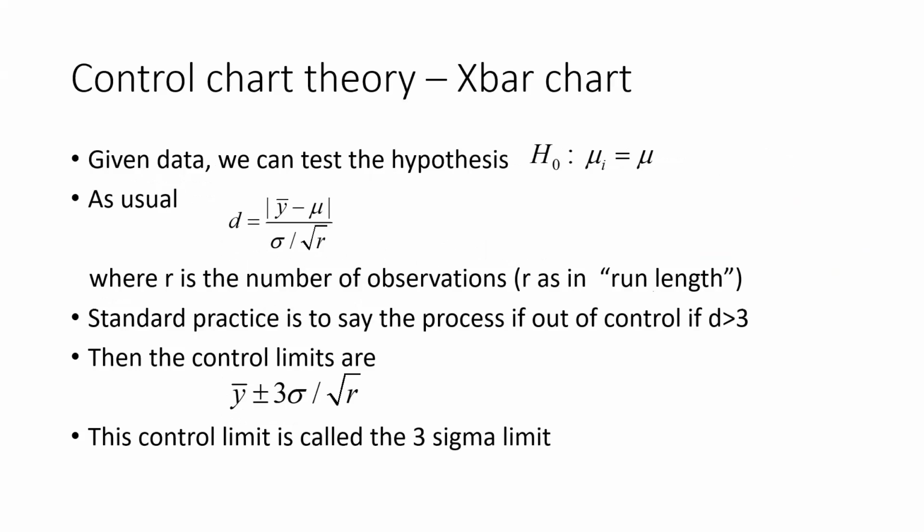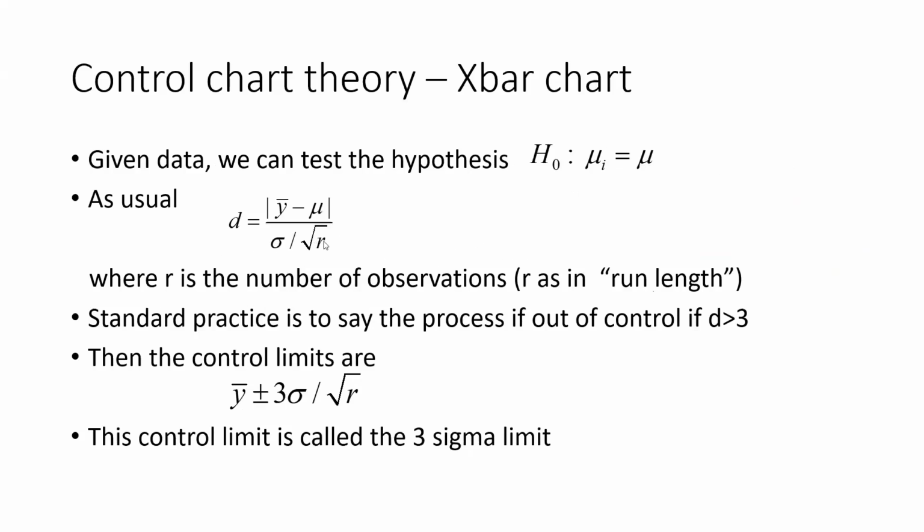Given data, we can test the hypothesis mu_i equals the overall mean mu, and I can test that for each different day. Then we get the usual statistic here. In the denominator, we have sigma divided by square root of R, because we have an average over R observations.